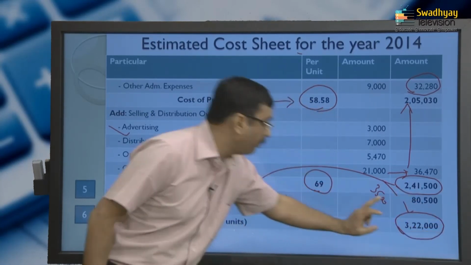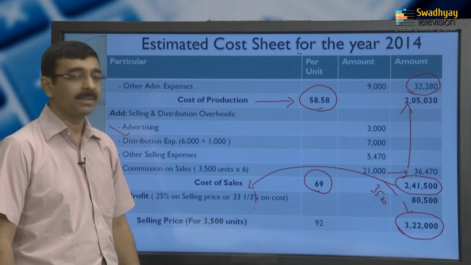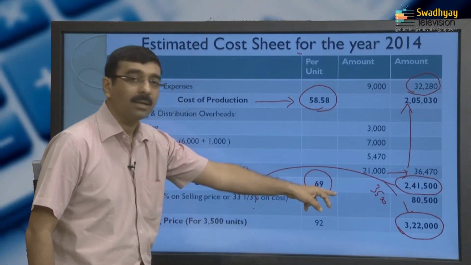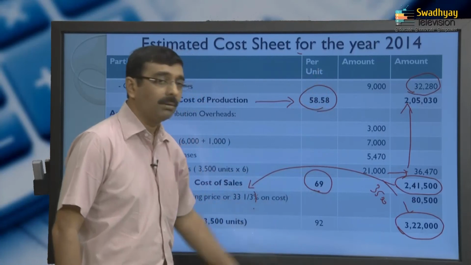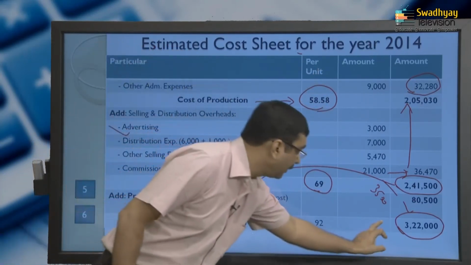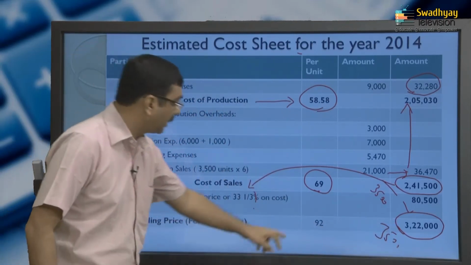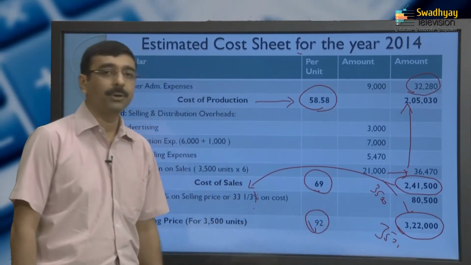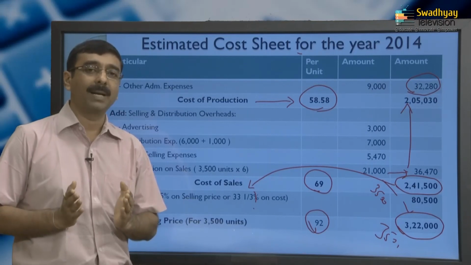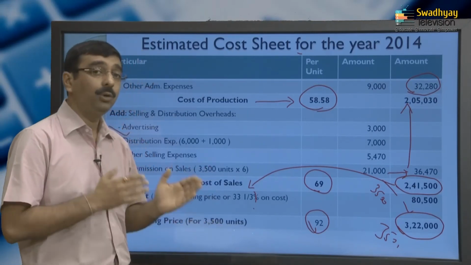Your sales price would be 3,22,000 rupees, and that is the sales for the year 2014 with 3,500 units. So 3,22,000 divided by 3,500 comes to 92 rupees per unit, and that is your sales price per unit, 92 rupees.